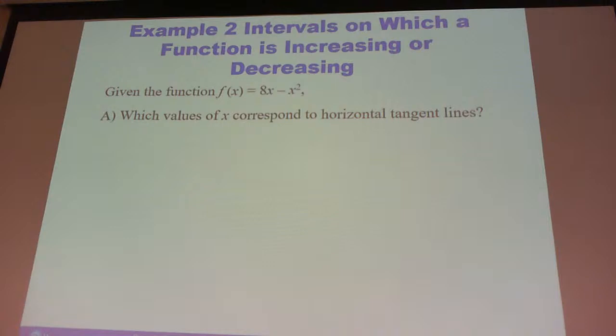Number 2, you need the algebra. No calculator, on a piece of paper. Take the derivative of 8x minus x squared, set it equal to 0, do the algebra. That's going to be our issue, the algebra and the derivative, which we should all be amazing at.